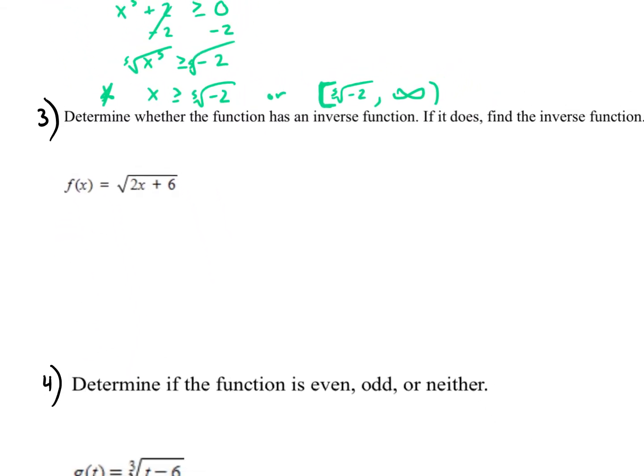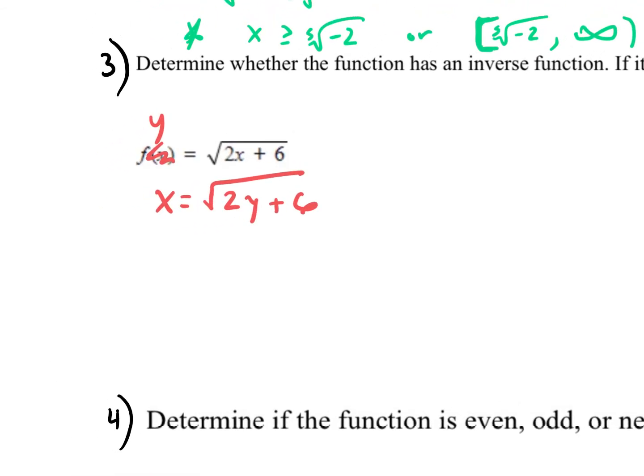Number 3 then. Determine whether the function has an inverse function. If it does, find the inverse. So to find the inverse, we just flip our x and y. So we make this fancy f of x, y, and then just switch x and y. So this is x is equal to the square root of 2y plus 6. And then we have to solve for y. So what should I do first to solve for y?